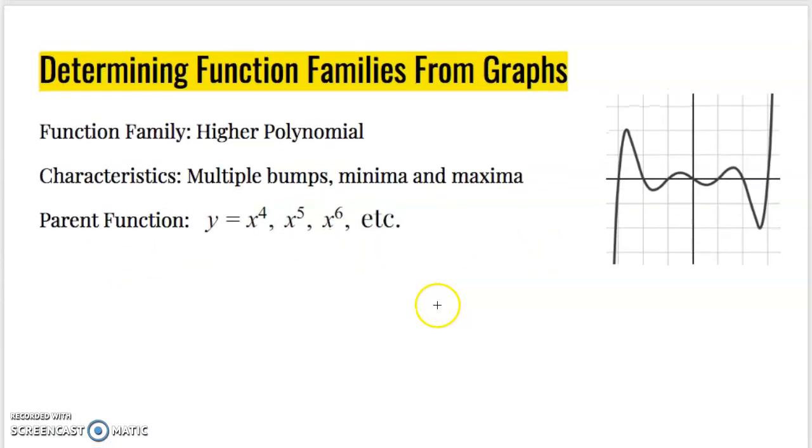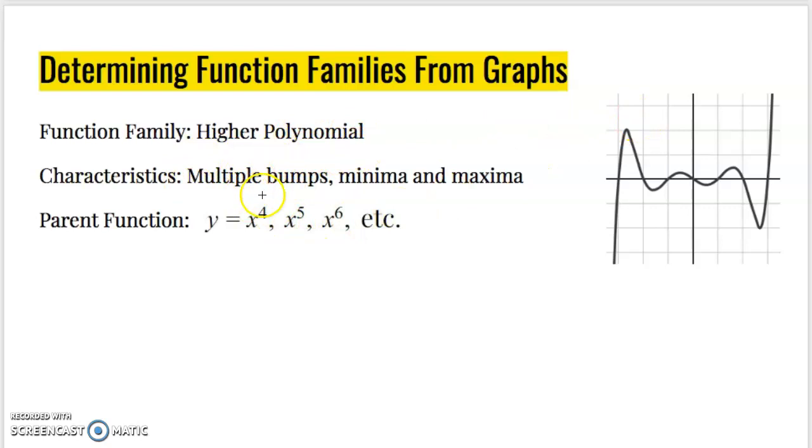After the cubic function, we're just going to classify anything with larger than a 3 in the exponent as a higher polynomial. Technically, a linear, quadratic, and cubic function are all polynomials as well, but we could obviously continue this trend forever, and so the most important ones I want you to be able to recognize are linear, quadratic, and cubic, and then past that we can just call them higher polynomial functions.